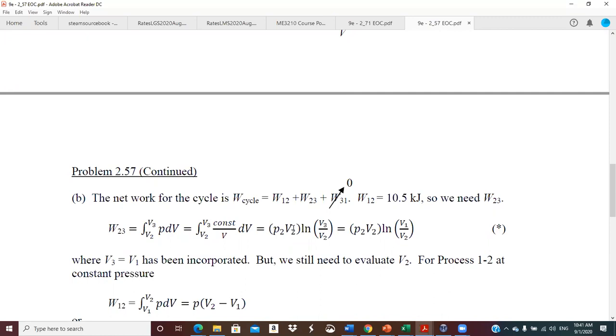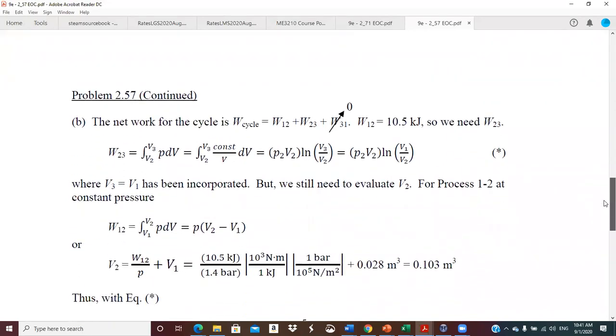So he's making that substitution, and then he does the integration, and you get V3 over V2, but V3 and V1 are equal because that's a constant volume, so he just substitutes in. Okay, so there you go.